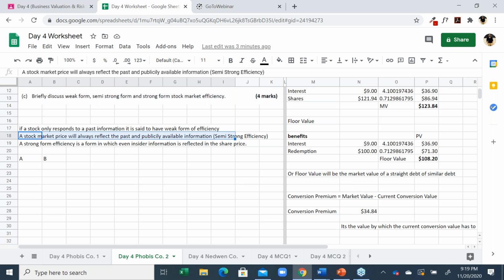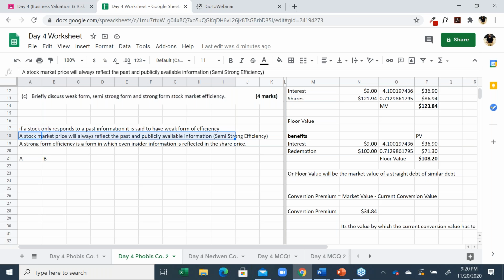Yes, the car example was somewhat a weak form of efficiency because you only came to know once that thing happened, because nobody is going to have an accident in the future and tell you beforehand that they are going to have an accident and make it public. So that was a very limited example just to explain how information availability changes the value of something.